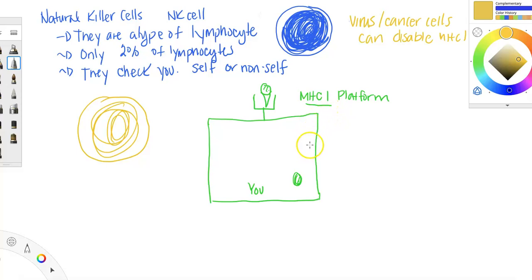Okay, so when the natural killer cell comes up to you and sees maybe a different, let's put this here, and let's say you did take in like a little virus thing or some kind of bug or whatever, and you stuck it out there.